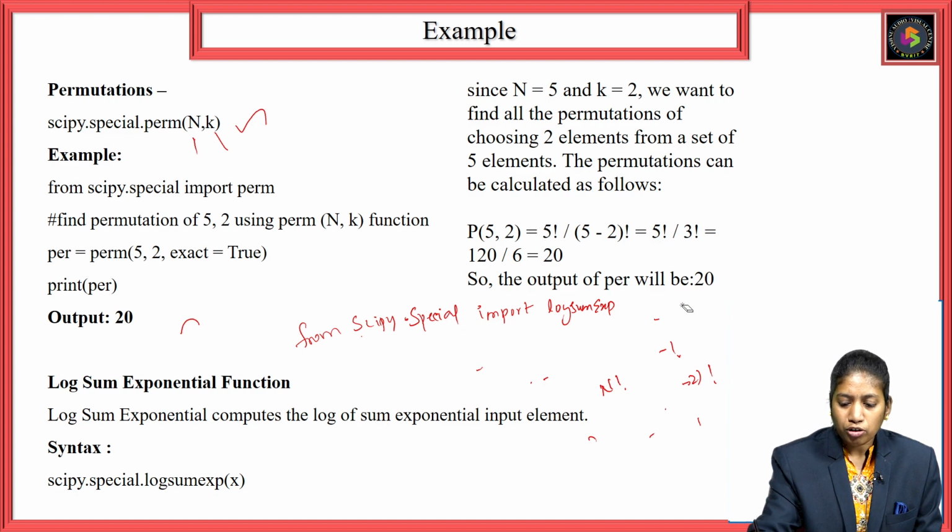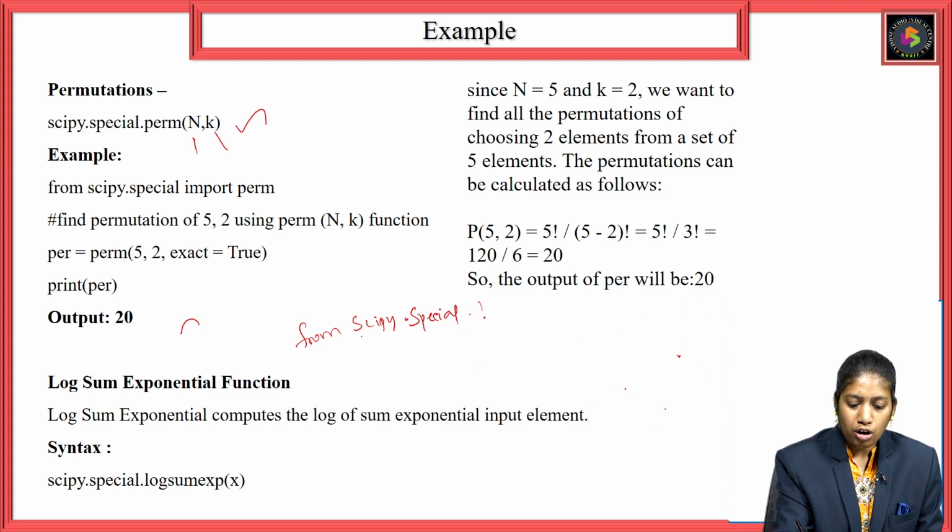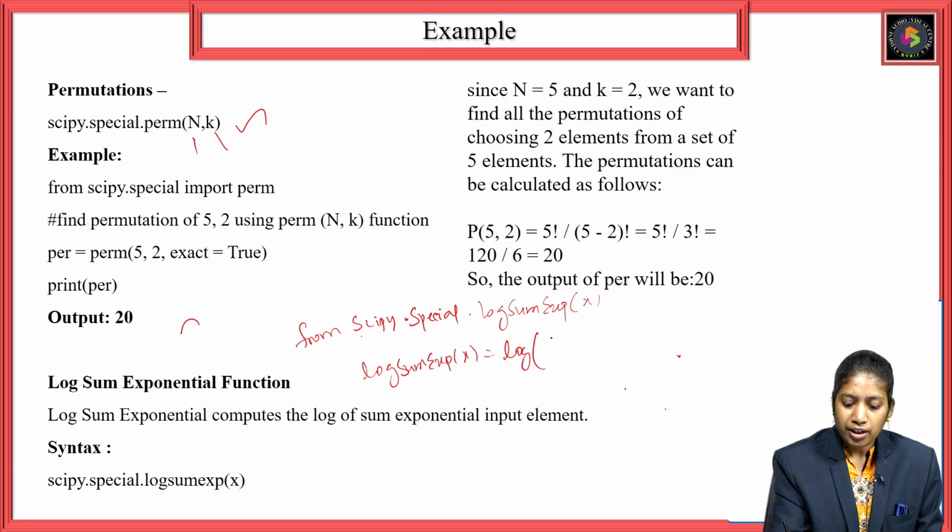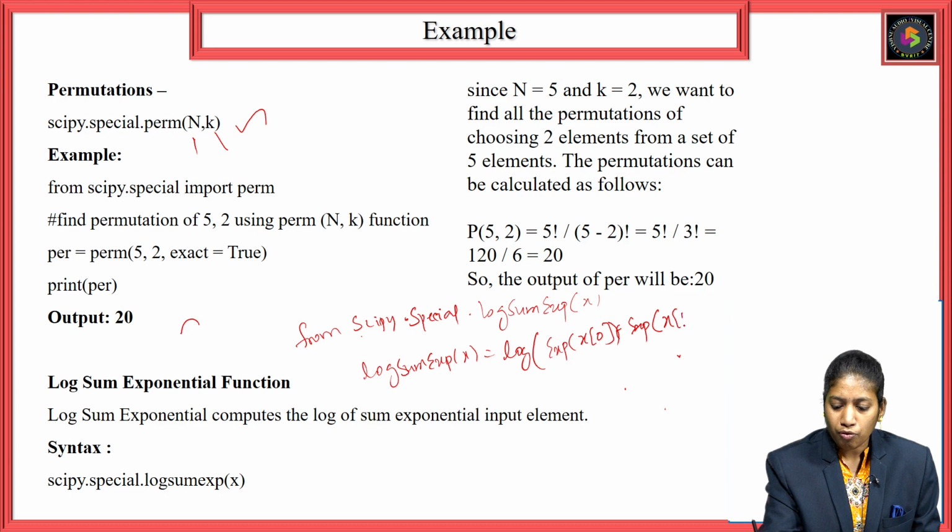So how is it going to calculate? logsumexp of x is equal to log of exp of x[0] plus exp of x[1] plus exp of x[2] and so on, up to exp of x[n minus 1].